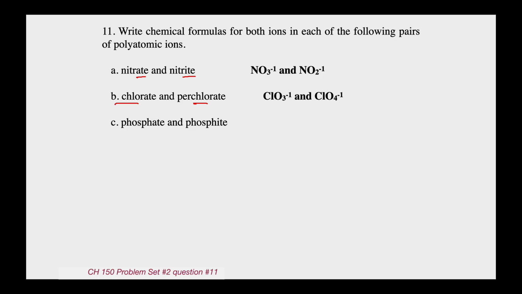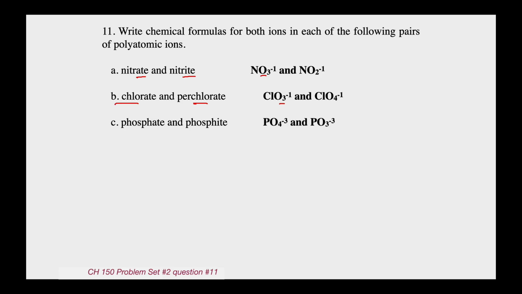Phosphate and phosphite, phosphorus is the central atom. And ate and ite means, of course, there's going to be oxygen. Now, notice how the last examples, nitrate and chlorate, the ates had 3 oxygens. And I'd love to tell you that phosphate with an ATE ending had 3 oxygens too, but that's not the case. The most common form of the polyatomic ion is the one that gets the ATE ending. And several of the ATE endings don't have 3 oxygens, they have 4 oxygens.